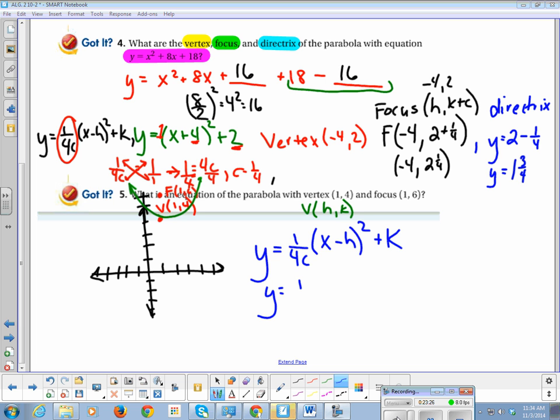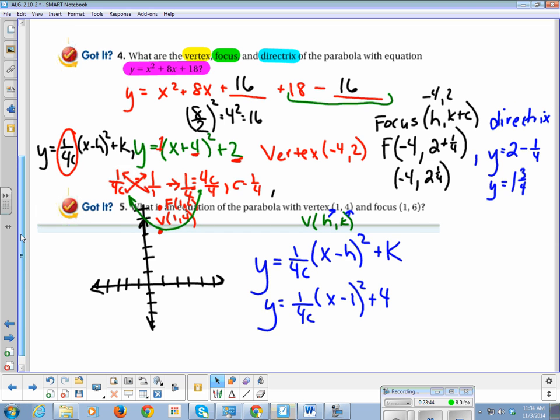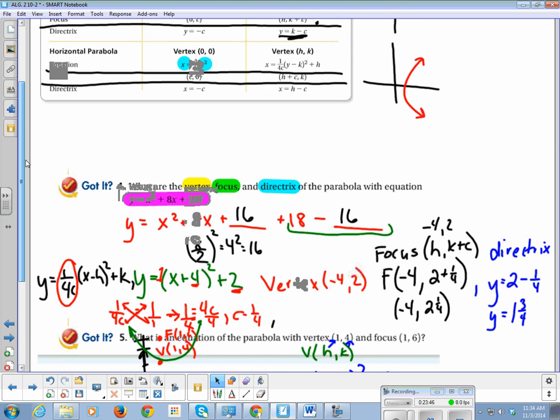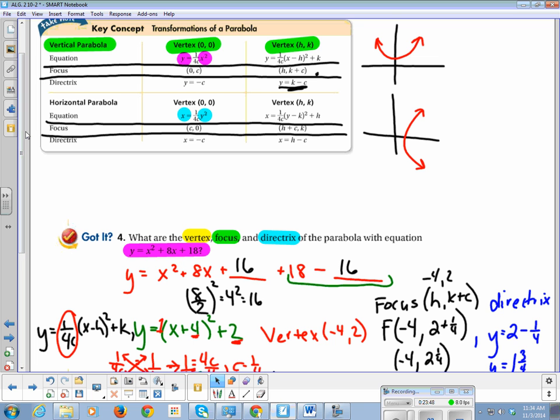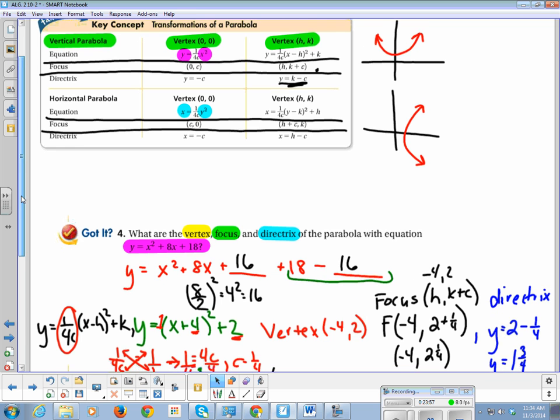We know that h is 1 and k is 4. The only thing we don't know is the c, so let's go up here. We know that in a vertical parabola, the focus is at h, k plus c.